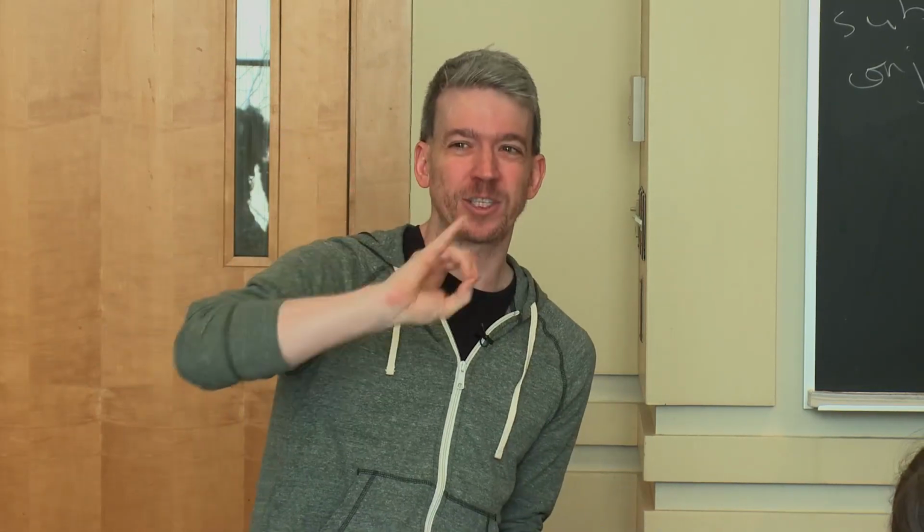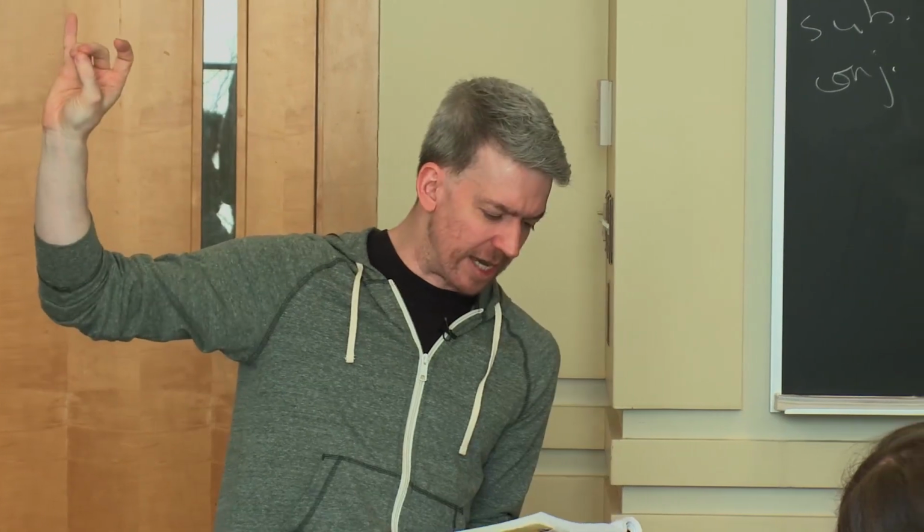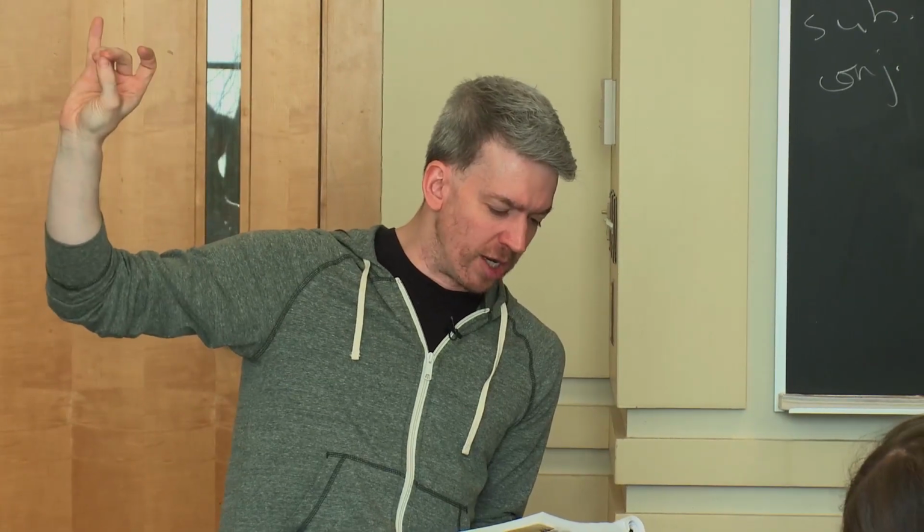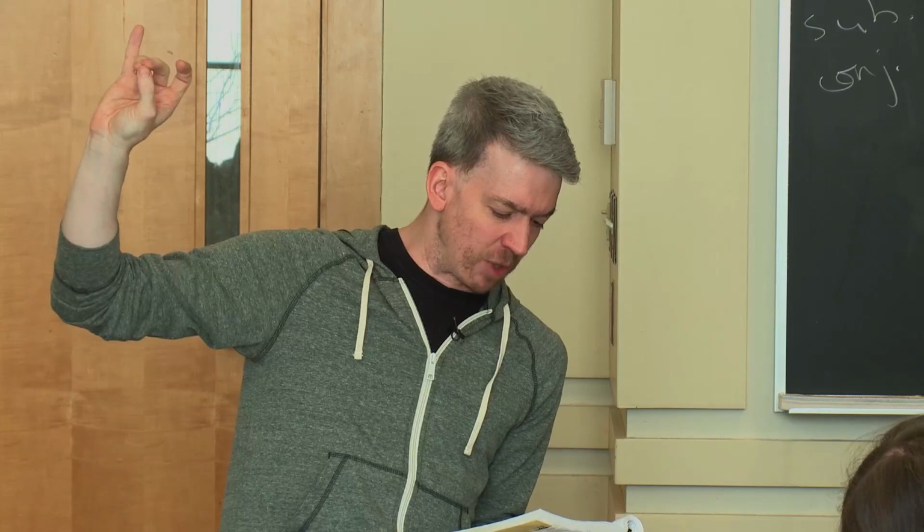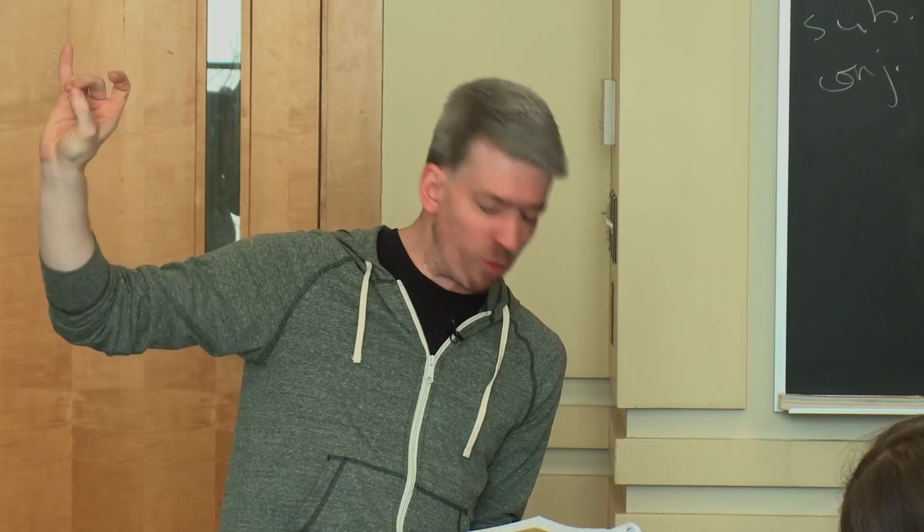So that first italicized that is basically a dummy word that alerts the reader to the fact that there's going to be this long dependent clause, which is actually a noun clause. It's the object of the verb saw, the object of the verb gesæh.